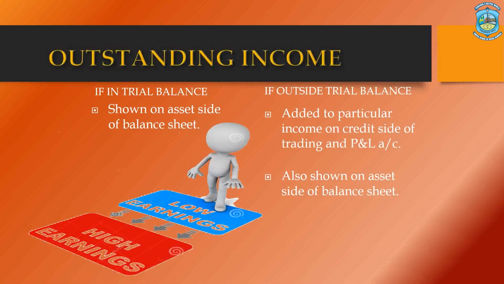If outstanding income is given inside the trial balance, one effect will be, it will be shown on the asset side of the balance sheet. If outstanding income is given outside the trial balance as an adjustment, there will be two effects. The first effect will be, it will be added to the particular income on the credit side of the trading and P&L account, and the second effect is it is shown on the asset side of the balance sheet.